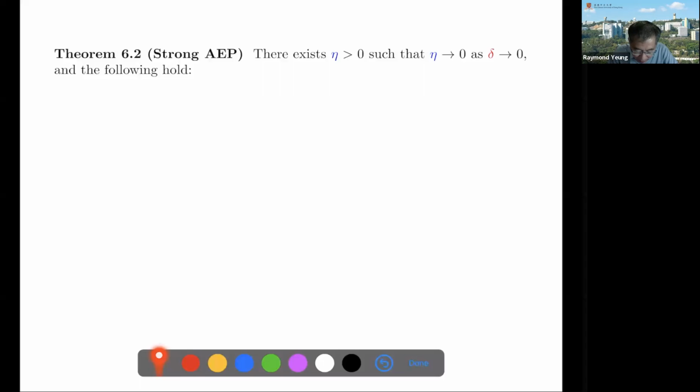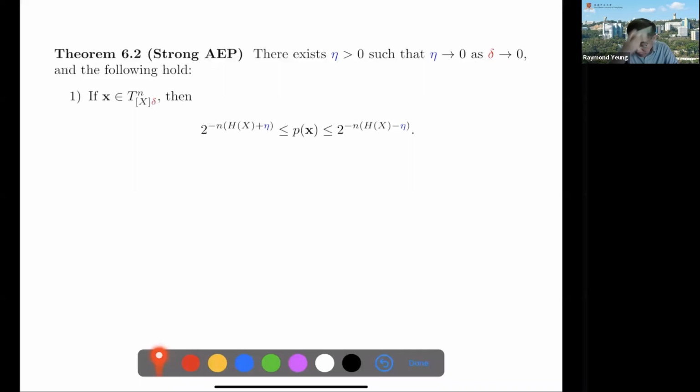AEP says the following. Delta is a small quantity that we control, the deviation between the empirical distribution and the probability distribution. Delta is some quantity that we specify, and we can let delta go to 0. Delta can be as small as you want, and eta is a quantity that goes to 0 as delta goes to 0, such that the following holds.